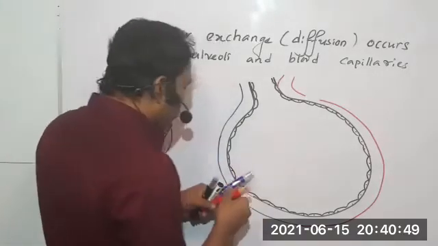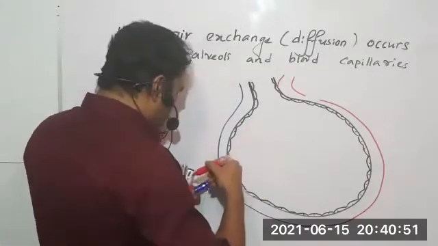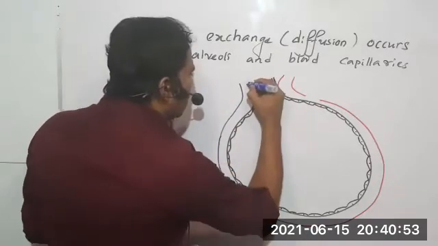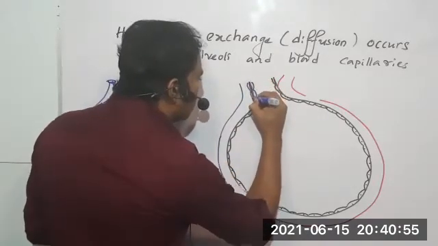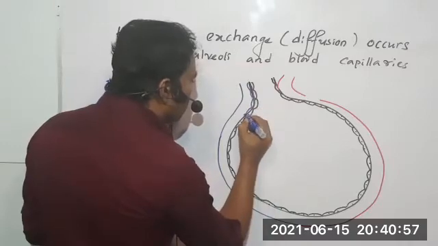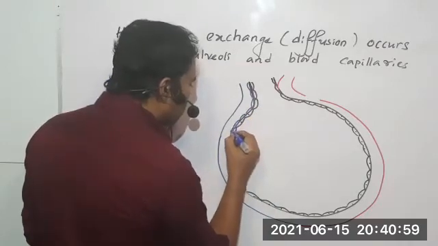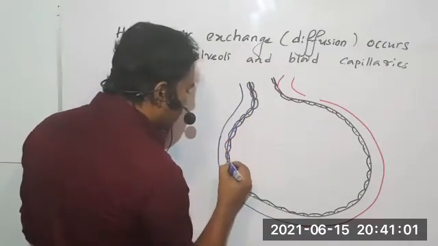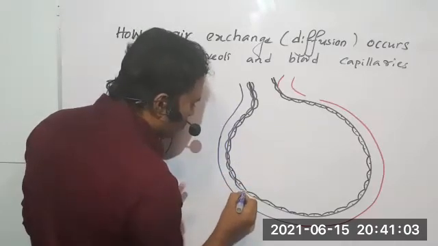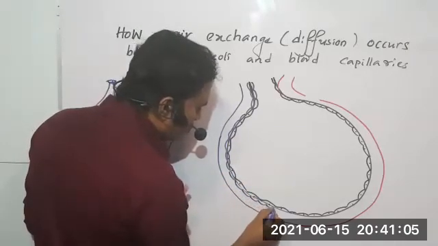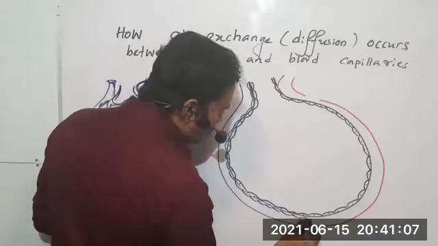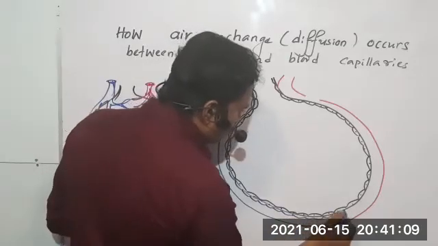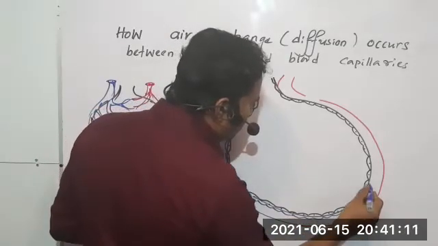Let's draw the other two epitheliums. So another single layer of epithelium that exists is in the blood capillary wall. It is a nice pattern.